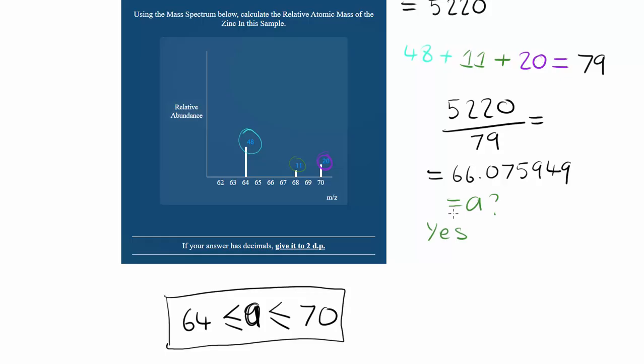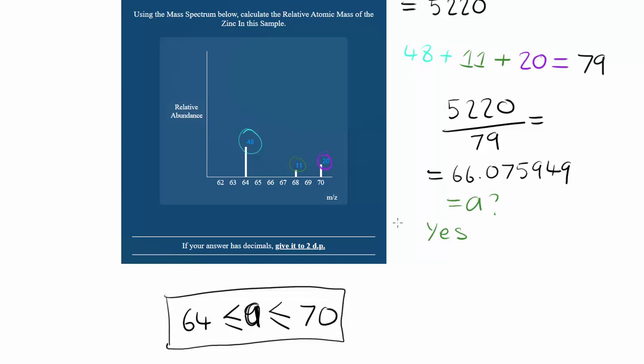However, the question again, is this our answer? We have to refer to what the question specifies, the number of decimal places. If your answer has decimals, give it to 2 decimal places. We've got 6 decimal places in this particular case. So no, this isn't our answer, not quite. There's still another step, which is the rounding.